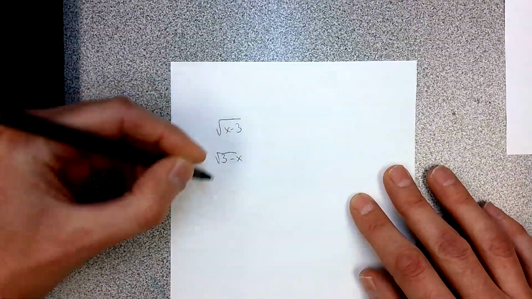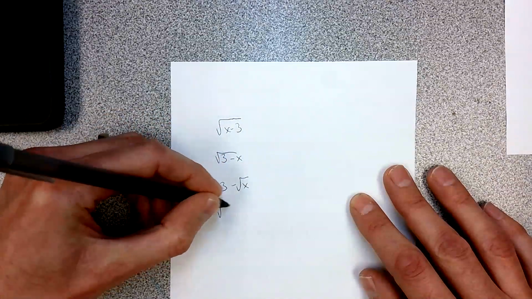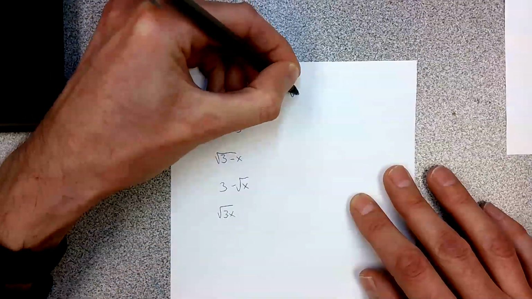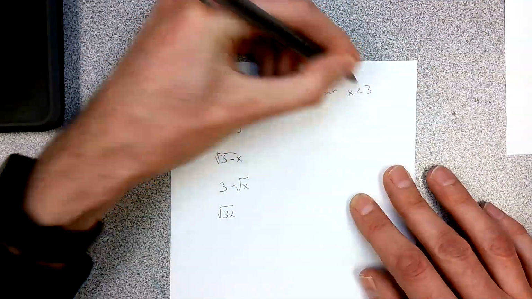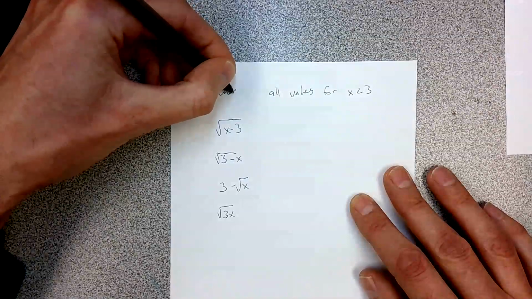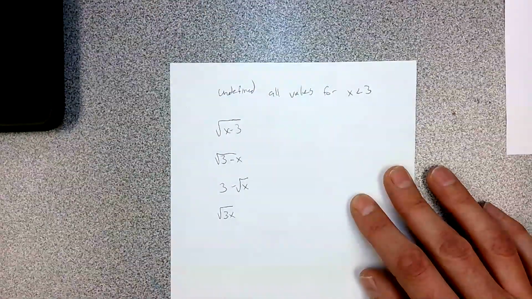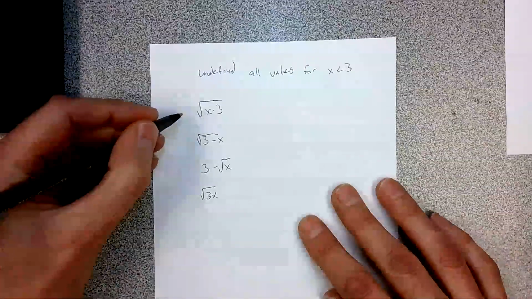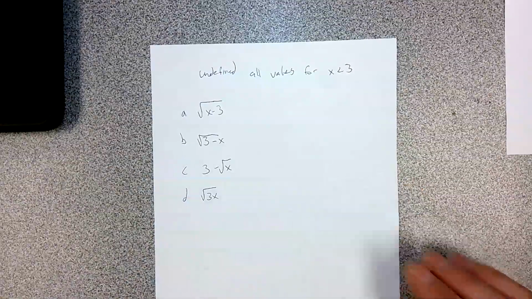You could try to solve it, and I'm writing something down here quick. These are the options. Forgive my chicken scratch handwriting.